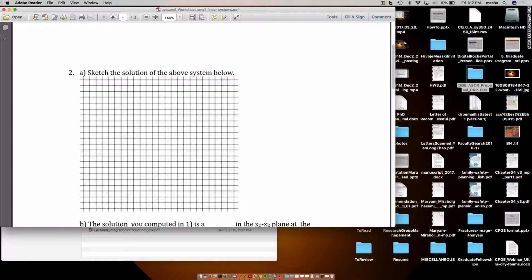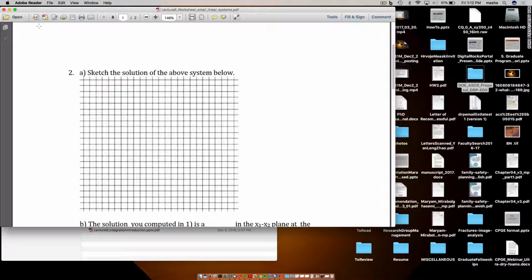So what did you get for the system of equations? It was 3x1 plus x2 is equal to 7, minus 3x1 plus 2x2 is equal to minus 4.